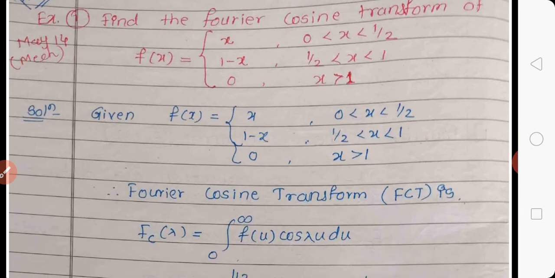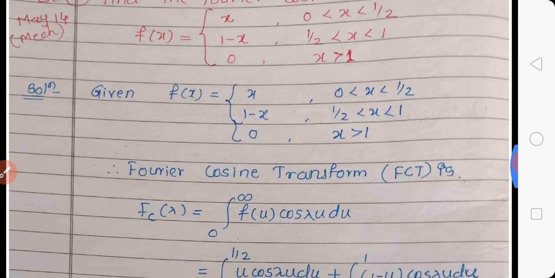The given function f of x is defined on the interval 0 to infinity, and 0 to infinity is split into three parts: 0 to half, half to 1, and 1 to infinity.